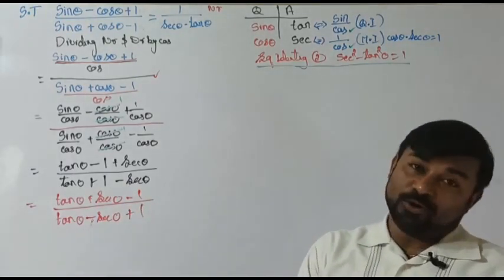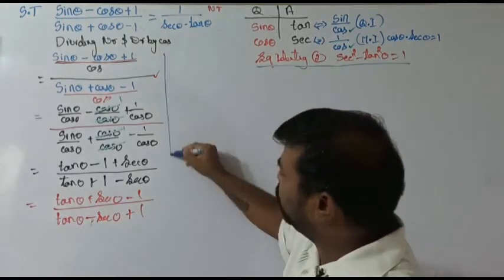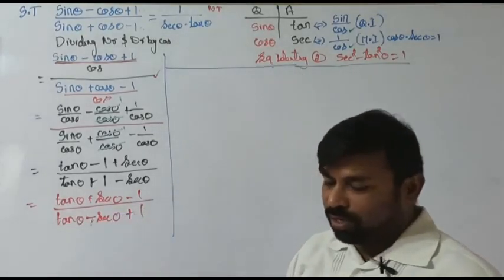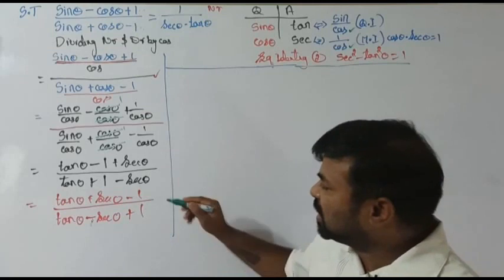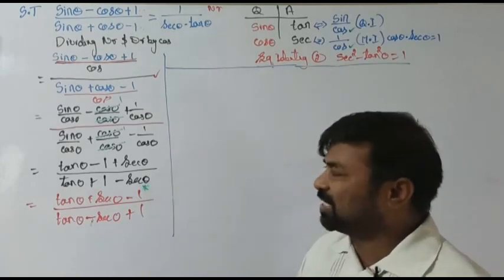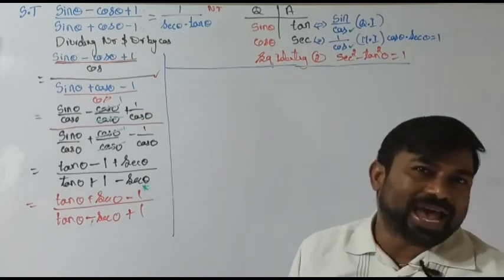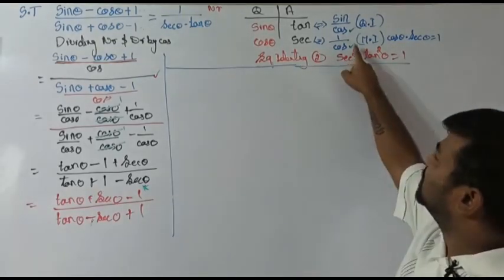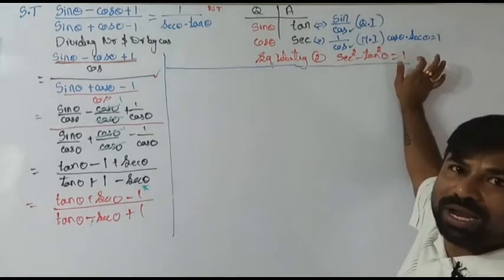Okay, cool. Now there is a beautiful logic here which you have to remember. The 1 which is present here, the 1 which is present there, I am playing with that. Why? Because I know the second identity is secant square theta minus tan square theta is equal to 1.